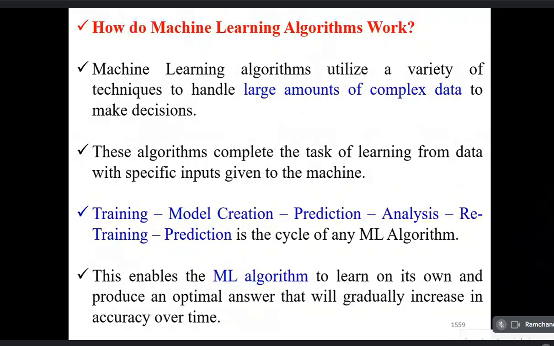Prediction is the cycle of a machine learning algorithm. This enables the machine learning algorithm to learn on its own and produce an optimal answer that will gradually increase in accuracy over time. That is how machine learning algorithms work.